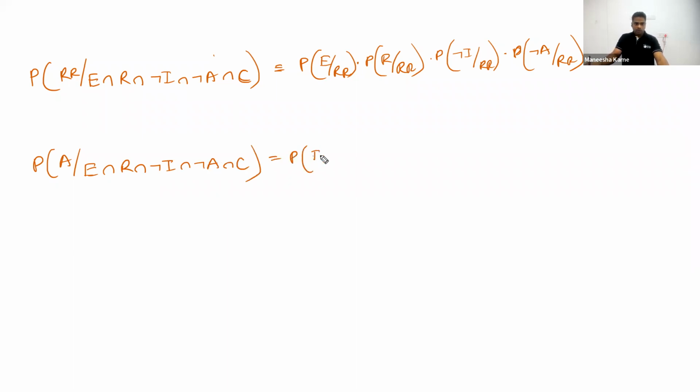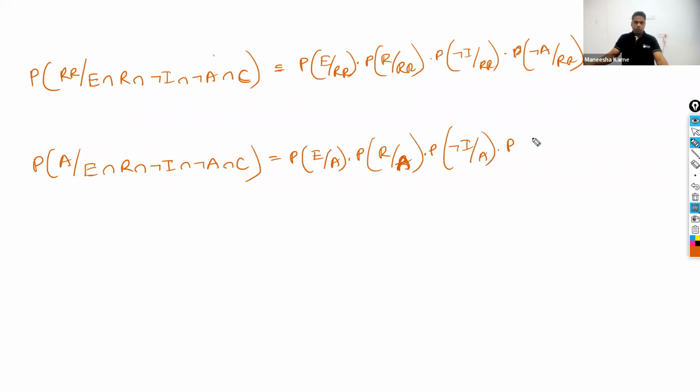You write this as probability of extend given audit into probability of run out given audit into probability of not having the word invoice given audit into probability of not having the word audit given audit into probability of checkout given audit. For all these things, you'll have the probabilities into, of course, numerator, probability of routine request into probability of audit.